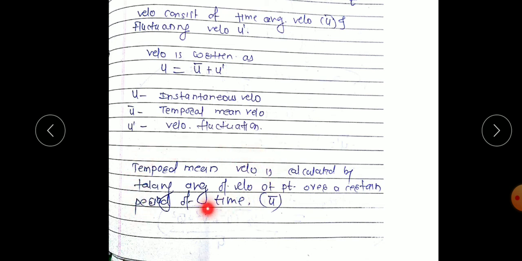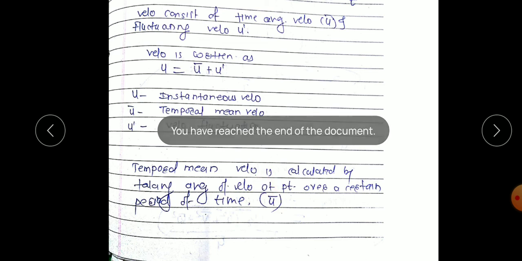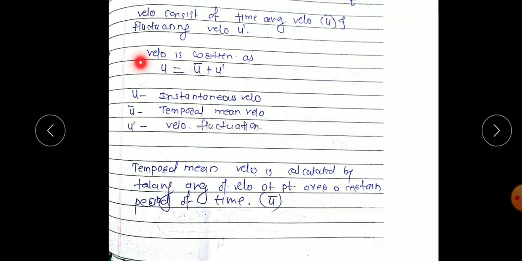These fluctuations may be caused by higher velocities, lower viscosities or obstruction in the flow. The temporal mean velocity is calculated for a certain time period t. So the velocity in turbulent flow is the addition of the mean velocity plus the fluctuating velocity.